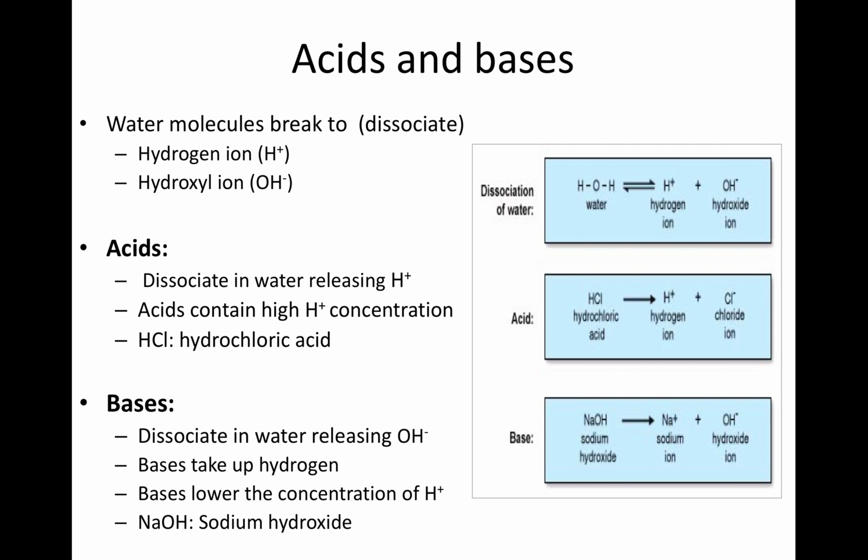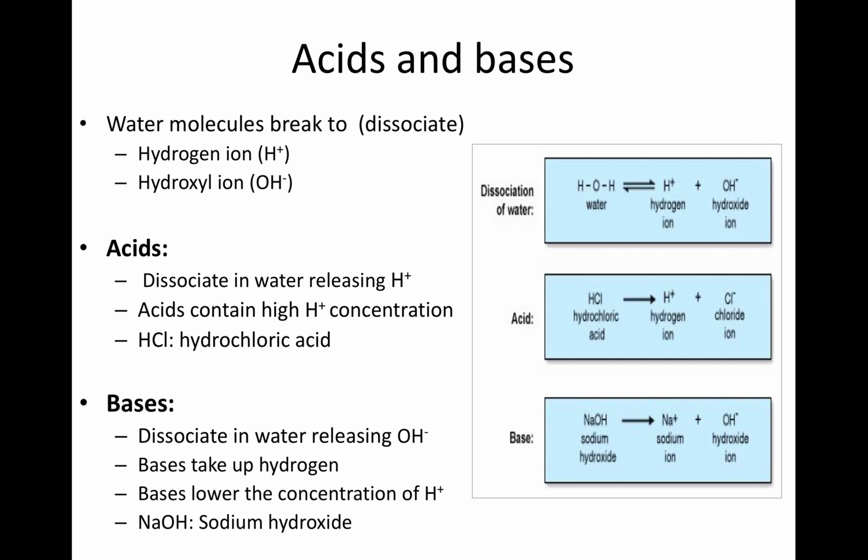If I break down or dissociate a water molecule, what I will get is a hydrogen ion, H+, which we also refer to as a proton, and hydroxyl ion, which is represented as OH negative.